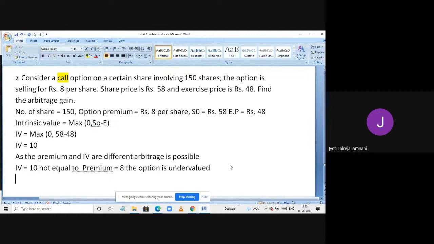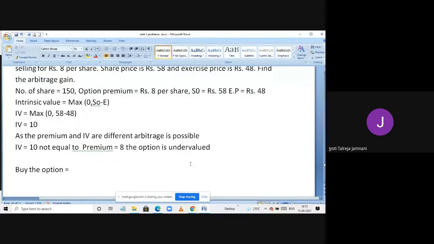If it is undervalued, what we do, we buy the option. Okay, so you are going to pay premium if you are buying the option. What is the premium? 8 rupees into how many shares are there in the option? 150. So 8 into 150, how much you will get? 1200.